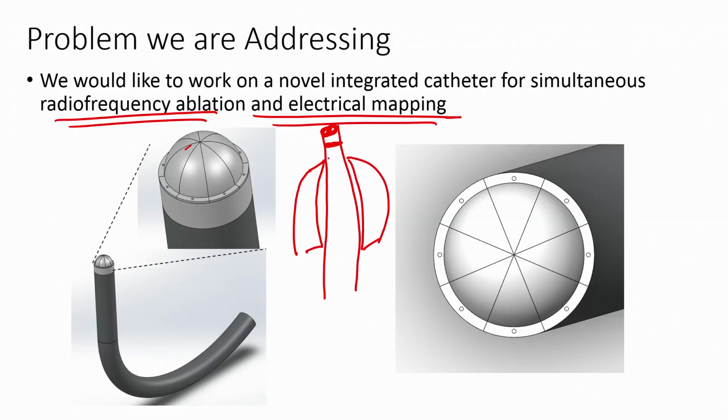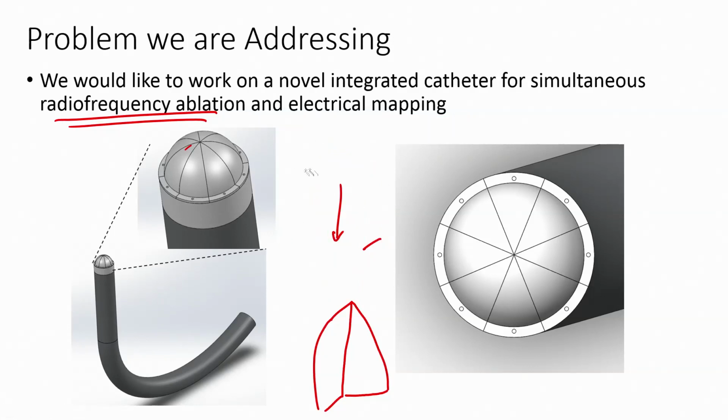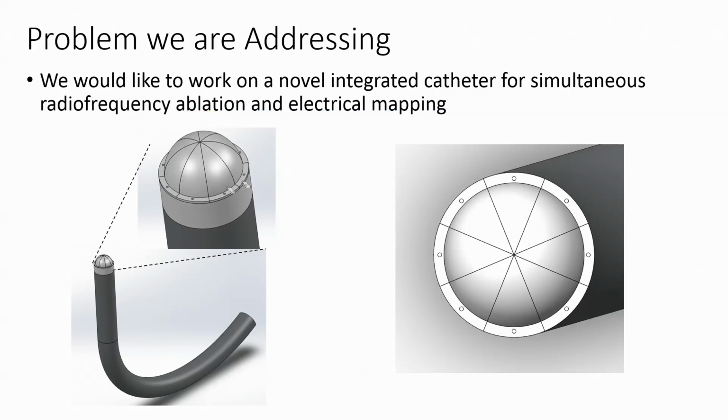The catheter within this dome shape structure will come out and perform electrical mapping. When we do not require this electrical mapping or we are done with electrical mapping, we can close this dome shape structure again and the catheter will move down, right. That is our interest. Of course, the schematic is not so cool what I have drawn, but that is what we want to show.